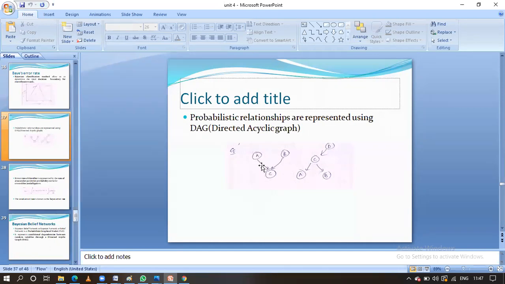Here A to C means A is the predecessor and C is the descendant. There is a relationship between A and C. Likewise there is a relationship between B and C. How we are going to represent B to C? We have to draw an arrow from B to C. Here B we call the predecessor and C the descendant. Likewise we are going to create for the rest.